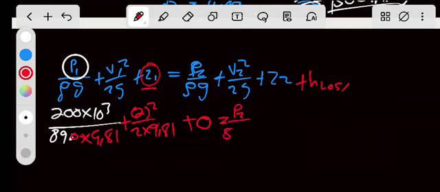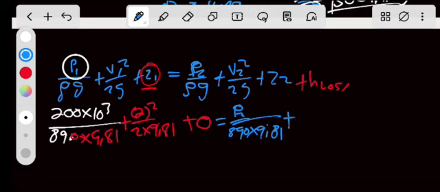Here we still have 890 times 9.81, plus the velocity 2 squared divided by 2 times 9.81, plus supposed to have now this.